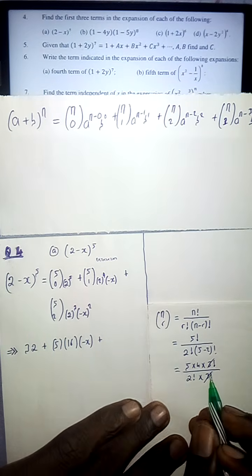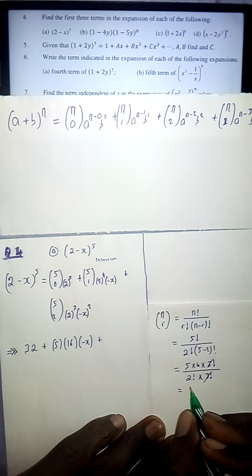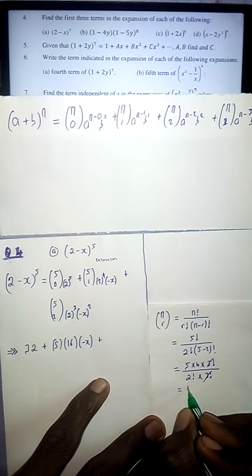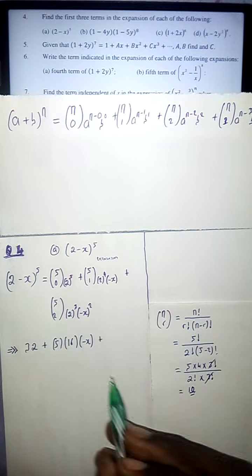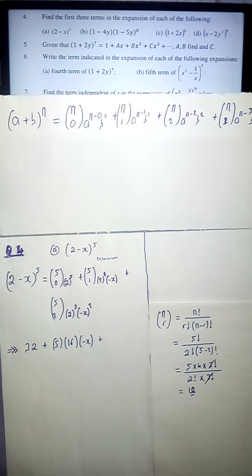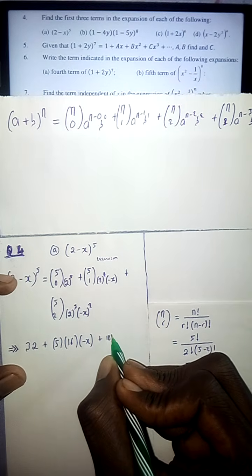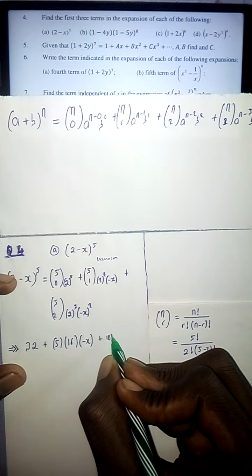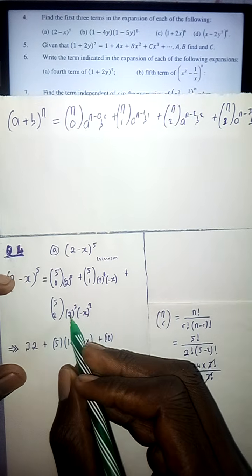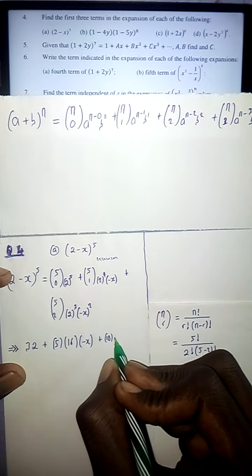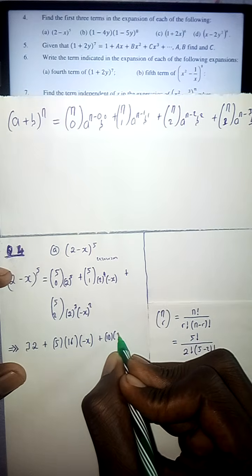This multiplied by this, that's 20. 20 divided by 2, that's 10. So the answer here is simply 10. Right, so here we have 10, multiplied by 2 raised to the power 3, that is 8.